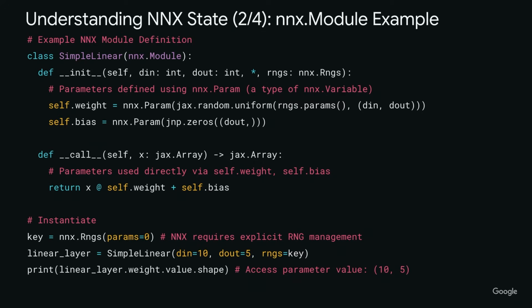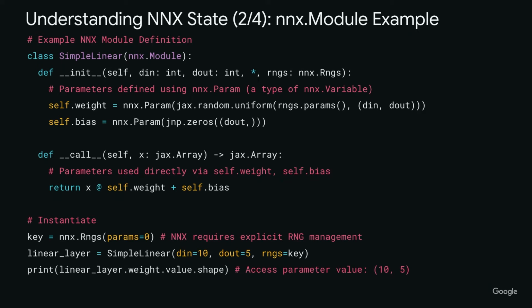Here's a simple example. We define SimpleLinear inheriting from nnx.Module. Inside the __init__, we create state variables, weight and bias, using nnx.Param. nnx.Param is a specific type indicating that these are learnable parameters.